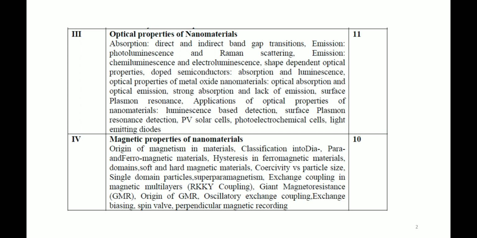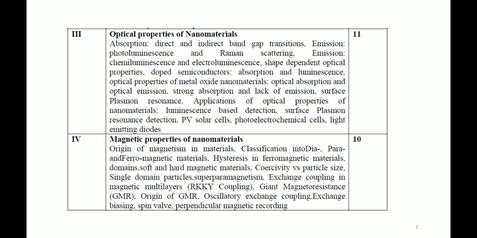Once we understand the properties of the bulk material, we slowly shift towards the nanoscale, and we will observe how the properties change when we travel from the bulk to the nano. This is the way by which we are trying to understand the change in different properties of the nanomaterial. So this is all about the syllabus.